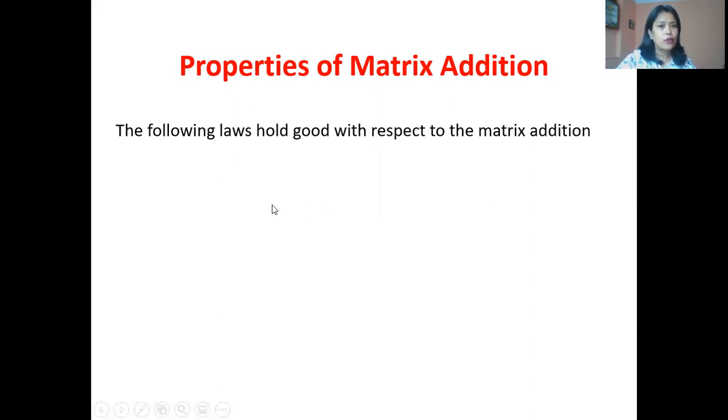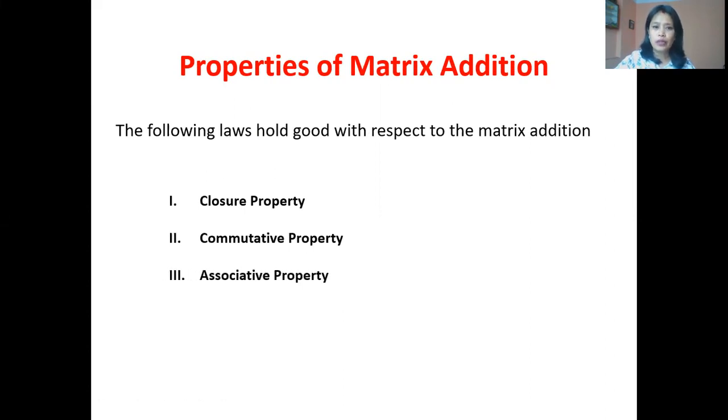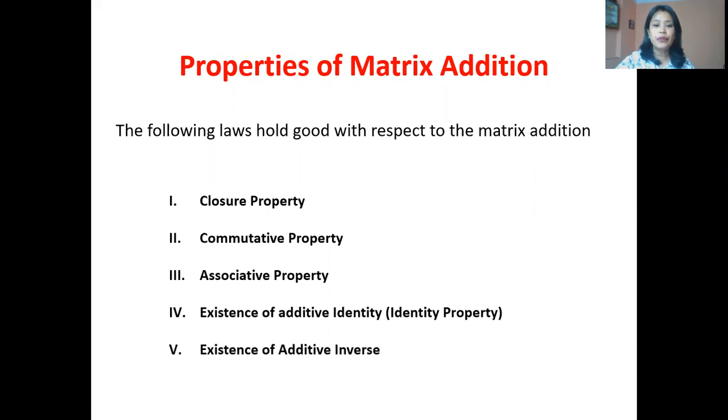That is, the following are the properties that are satisfied while adding two or more matrices. The first one is closure property. Second, commutative property. Third, associative property. Fourth, existence of additive identity, also called identity property. The fifth one, existence of additive inverse.